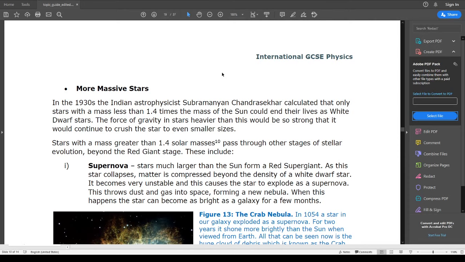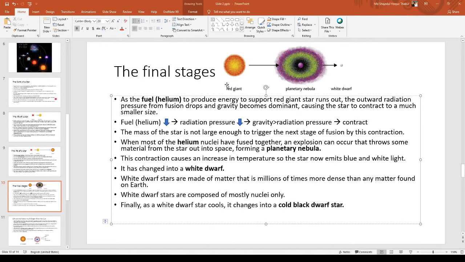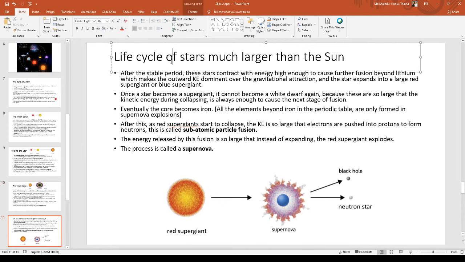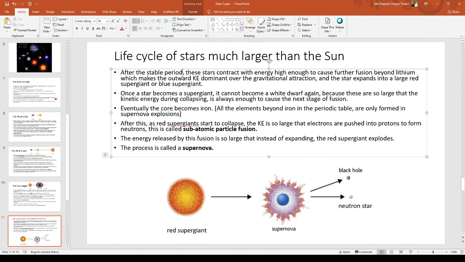Okay. Now, moving on from the question and answer session, we're moving on to the more massive stars. When I say more massive stars, I mean the life cycle of stars that are much larger than the sun.